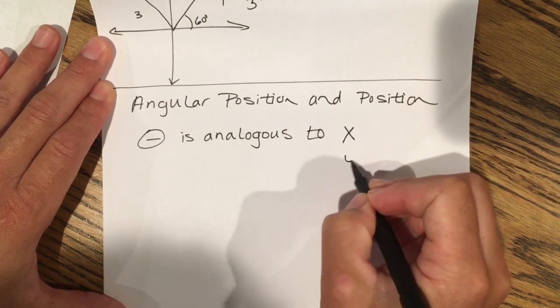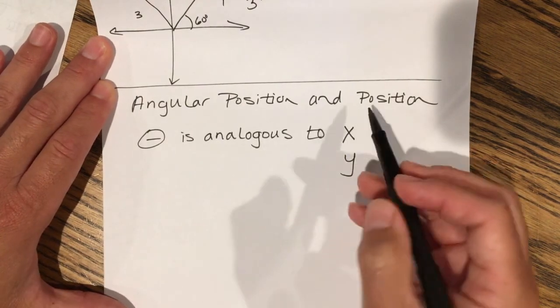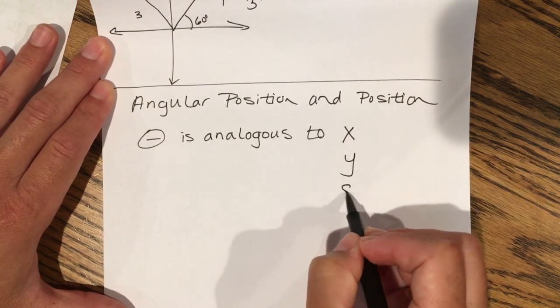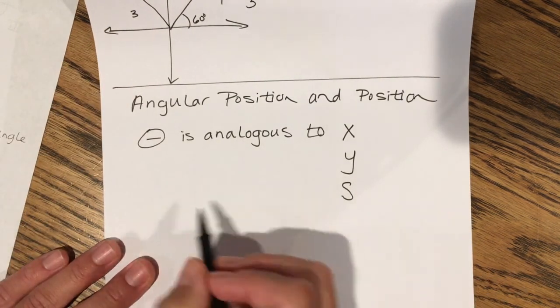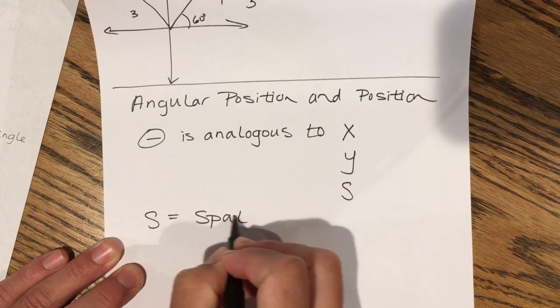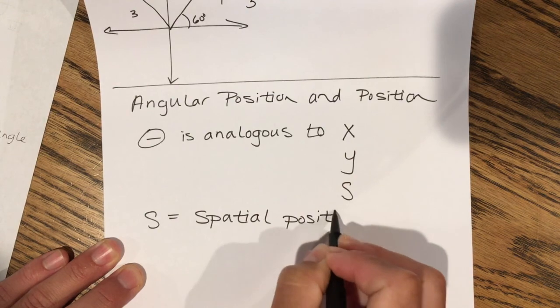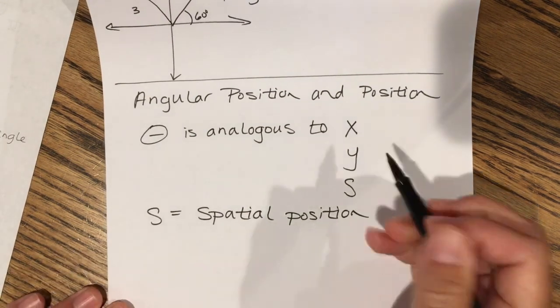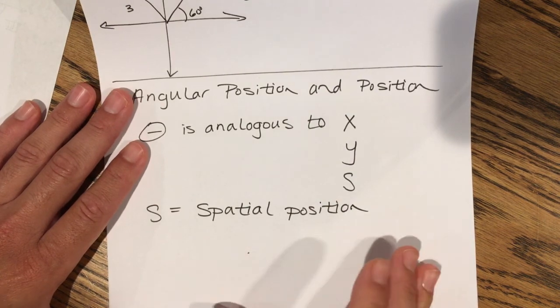Or maybe y. But maybe we don't want to give it a direction. So instead of saying x or y, we'll just use the variable s, right? And s could mean any direction. So s will stand for spatial position. Right? Because this could be x or y or z or something along those lines.